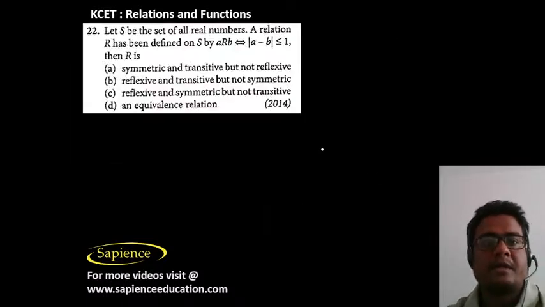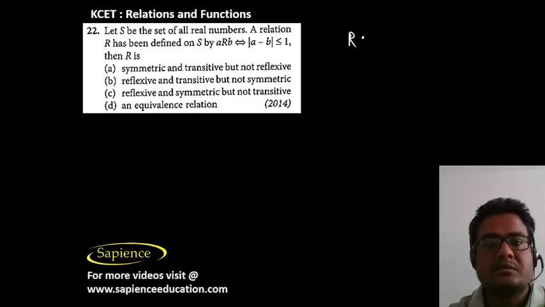So then let S be the set of all real numbers. A relation R has been defined on the set S. It means R maps from the set S to S. S is the set of all real numbers.